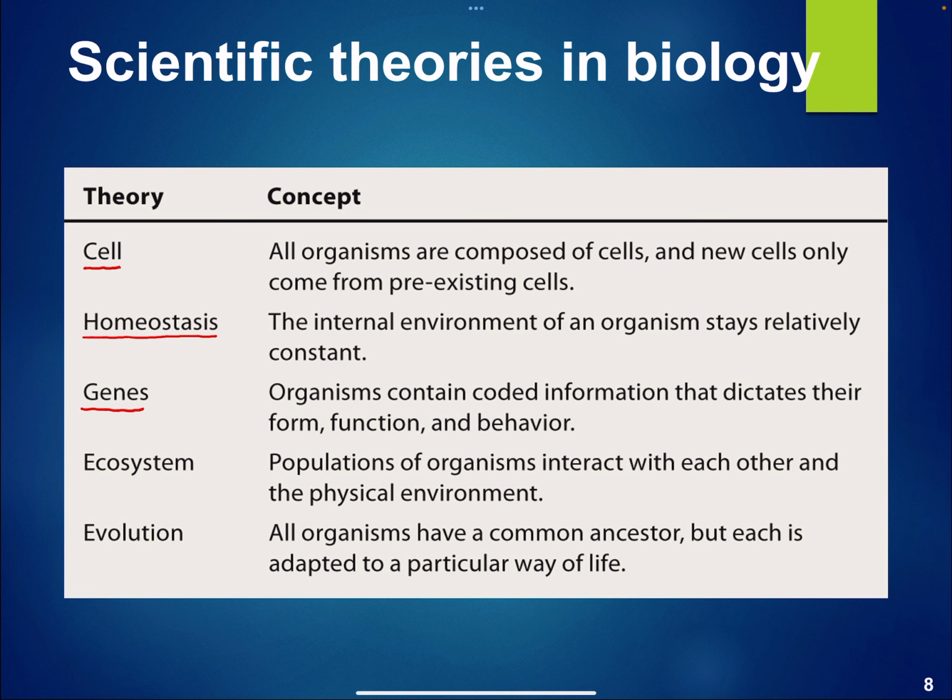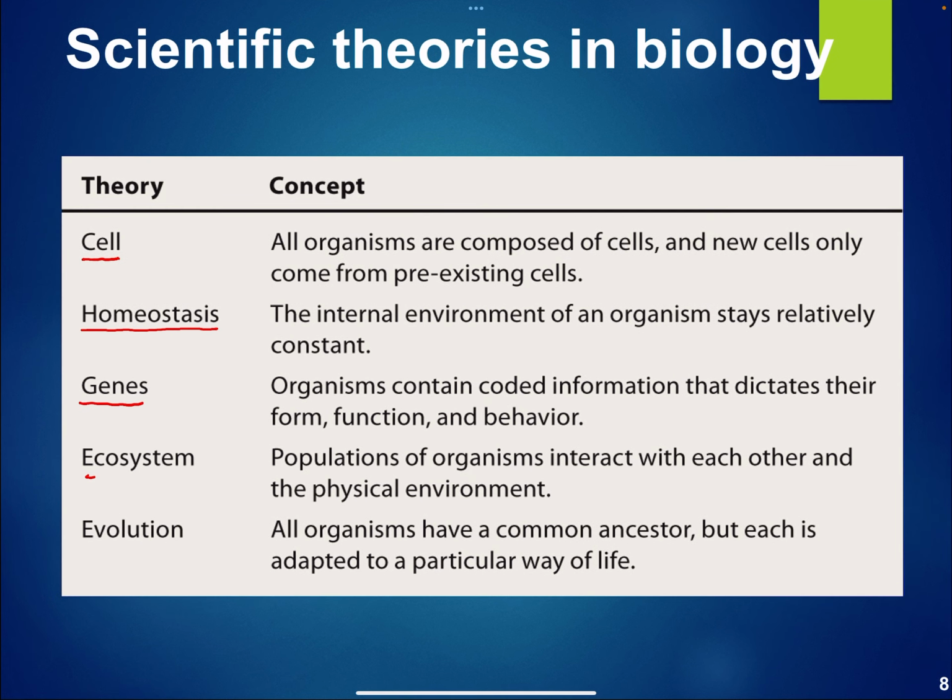Because of science, we know that ecosystems are made up of living organisms and non-living components. They interact with each other, and the environment can influence living organisms in an ecosystem.